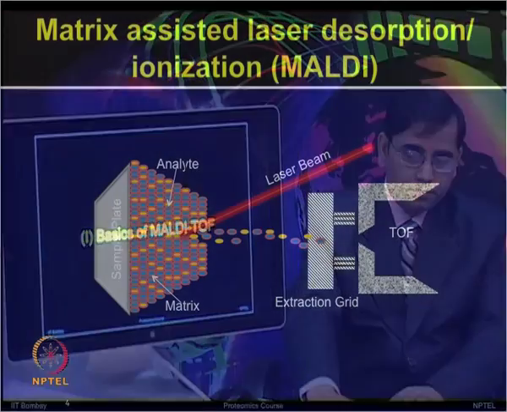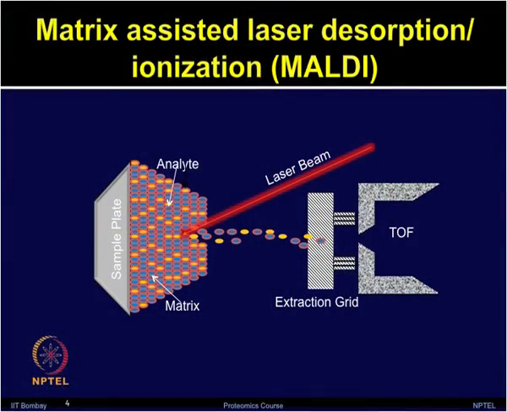So, let us go through some of the basic concepts involved in the MALDI-TOF. We can split that in two parts. One is MALDI, which is the ionization source, and the other is TOF, which is a mass analyzer. Let us first talk about matrix assisted laser desorption ionization, or MALDI.